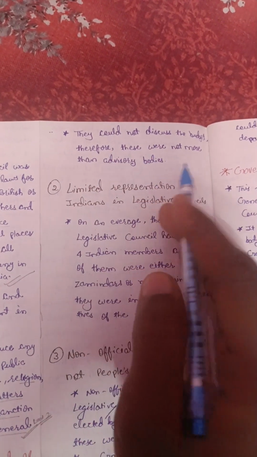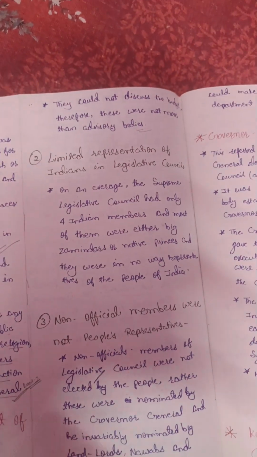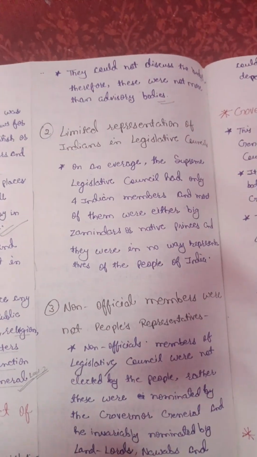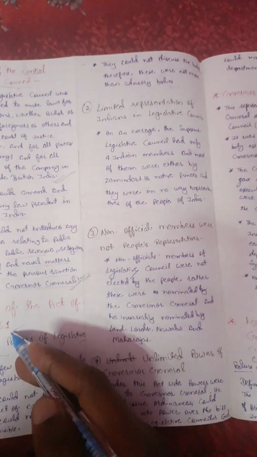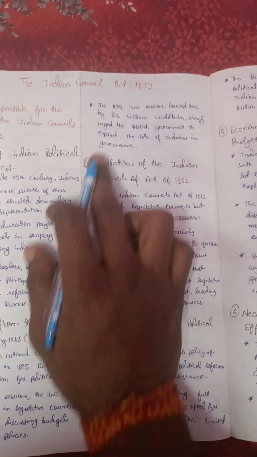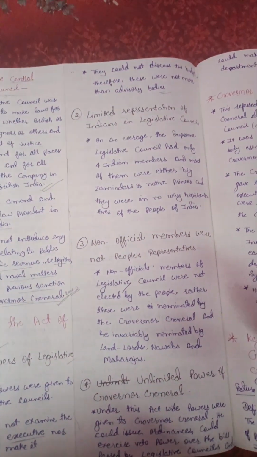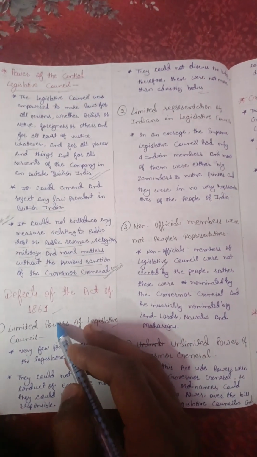Therefore, these were no more than an advisory body. Later, we'll see that after 1861, the Act of 1892 was passed, in which the right to discuss the budget was given. But in the Act of 1861, this defect was present.